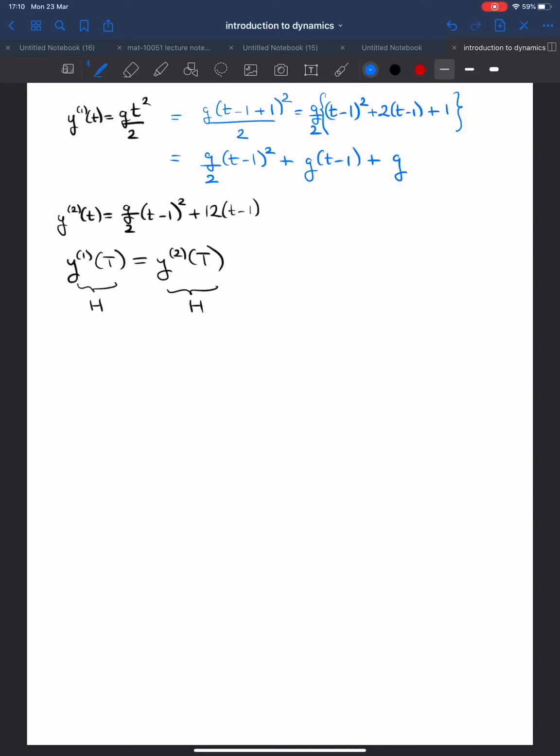Now, as you can see, this has a similar structure now, and, well, it's a similar structure to what? It has a similar structure to this now. And you should be able to check if you sub in t equals 0, you should be able to check that this thing satisfies the initial conditions for y1. So let's have a look. Okay, so just a second.